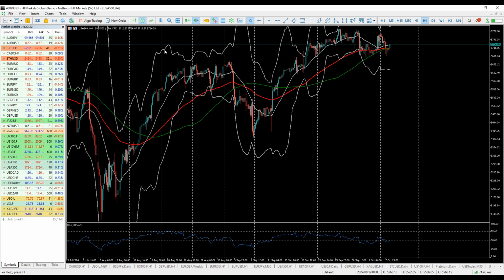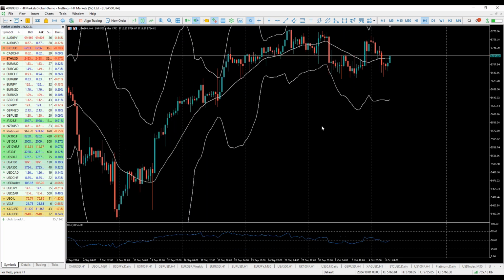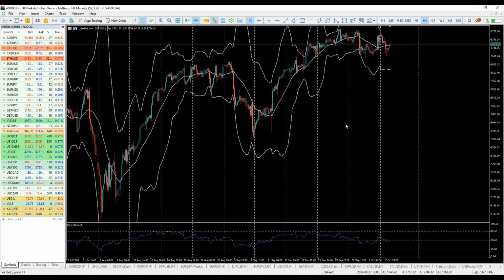So unrealistic support levels, unrealistic resistance levels. Let me get rid of the moving average so you won't get confused. You see, the upper and lower Bollingers are far away from the actual price action, so they don't help you identify nice support and resistance levels, okay?